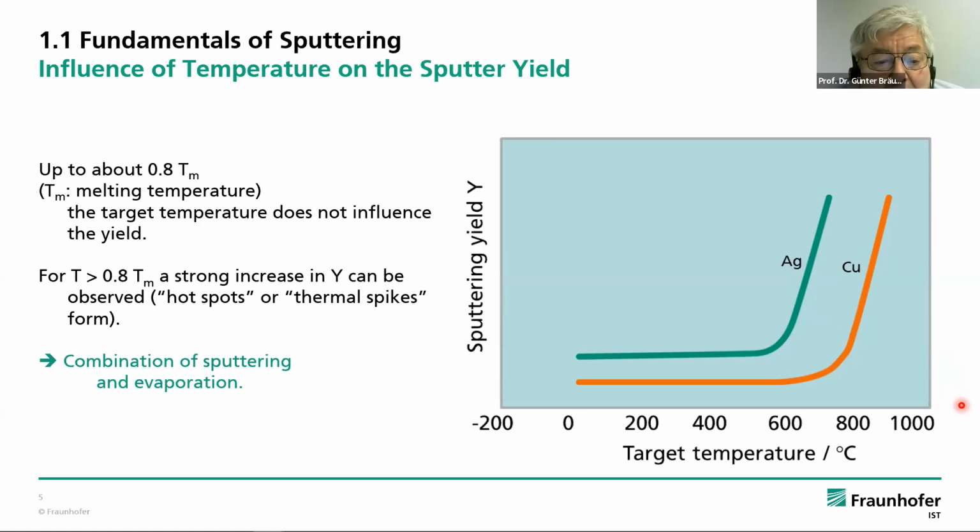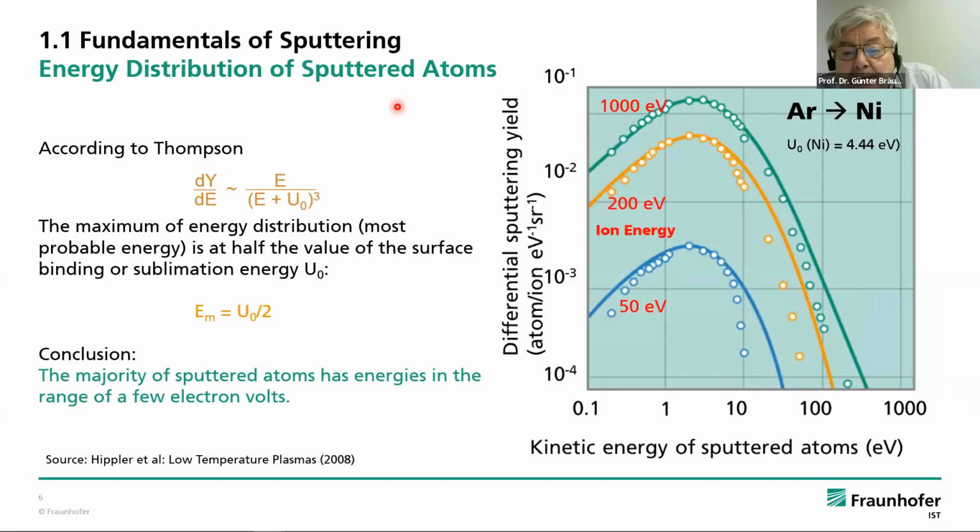But of course, you are going close to the melting point, so you have a combination of sputtering and evaporation. You use the high deposition rate of evaporation combined with the high thin film quality, which you can get by using a plasma. Next, please.